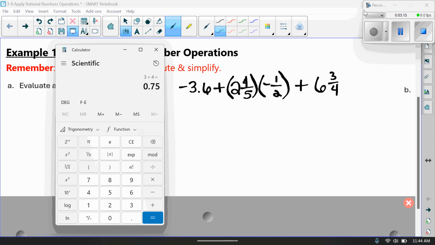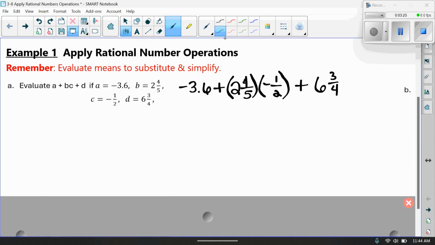So why don't we just change all of these terms to decimals, okay? So we've got a negative, and I'm going to rewrite.